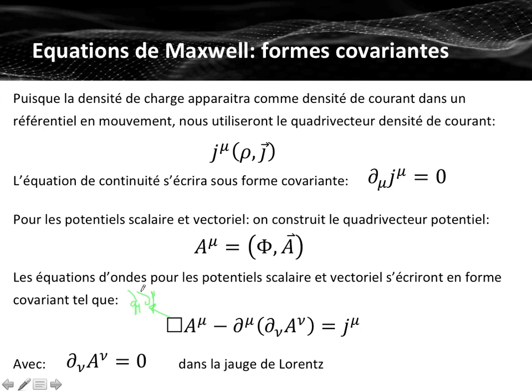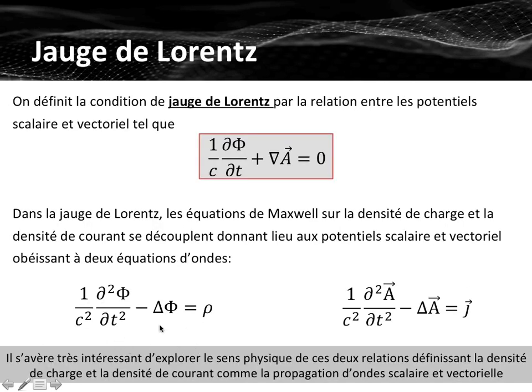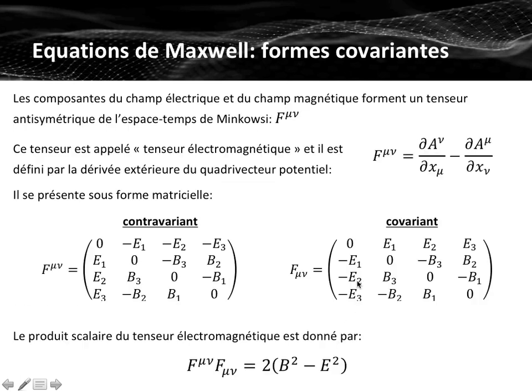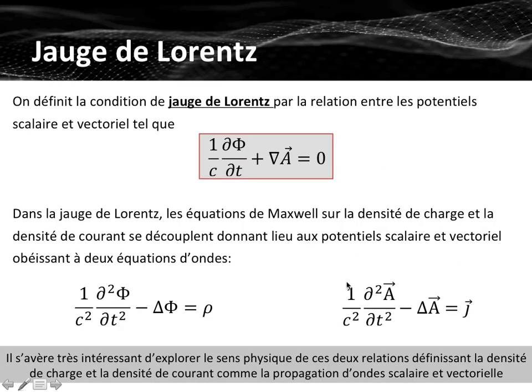So the d'Alembertian applied to A mu: this component will go to 0 in the Lorenz gauge, then this component will be equal to J mu, so the time part will give the first wave equation, and the spatial part, A and J, will give the second wave equation.